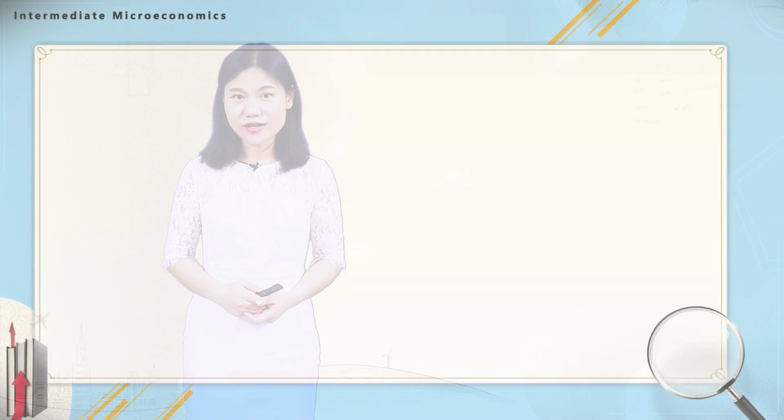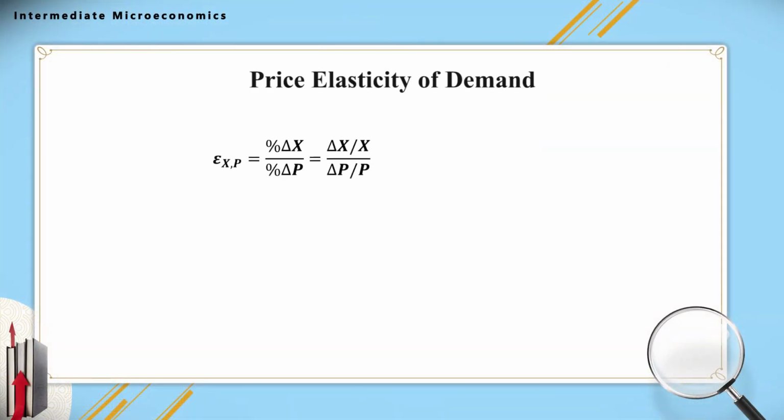Price elasticity of demand is a measurement of the sensitivity of quantity demanded of commodity i with respect to the price of commodity i. It's defined as the percentage change in quantity demanded of X divided by the percentage change in its price.